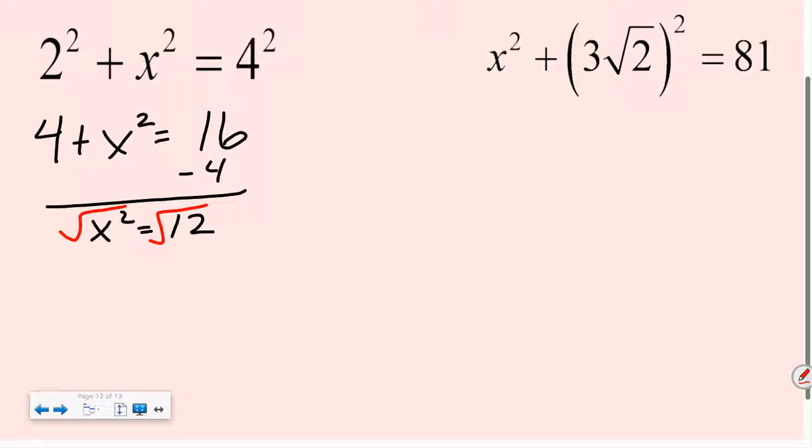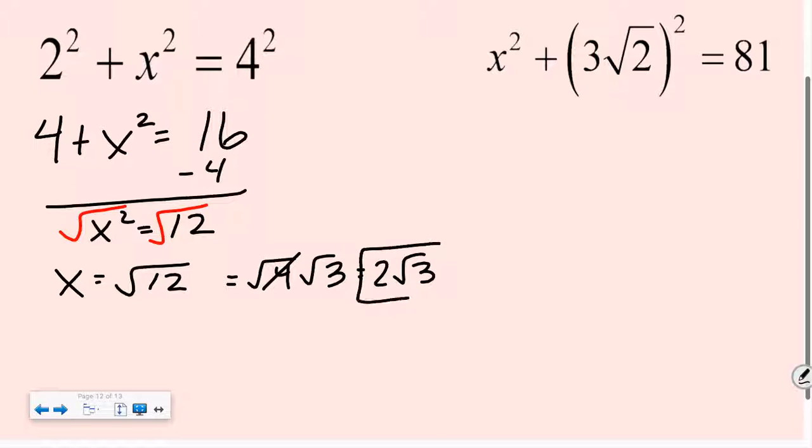I have to do it to both sides, just like if I were to divide both sides by 2 or something. The square root of x squared is x. Square root of 12, well, we need to simplify this just like we've done for the rest of the worksheet. What perfect square goes into 12? 4. How many times? 3. Square root of 4 is 2. I don't know the square root of 3. So there's your solution.